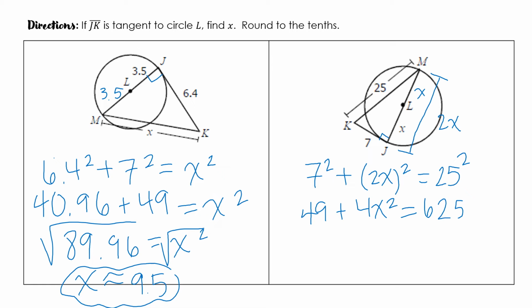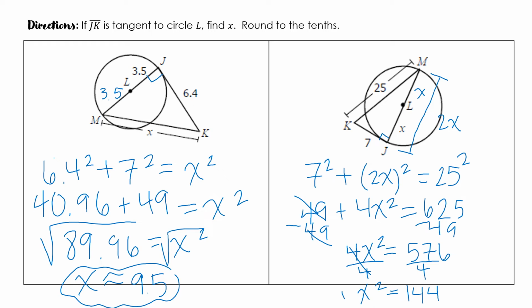The next thing I'm going to do is subtract 49. 625 minus 49 is 576. Then I'm going to take 576 and divide by 4. That's going to give me x squared equals 144.